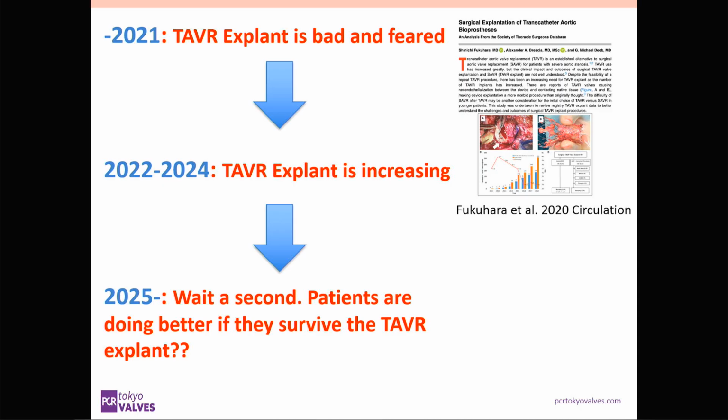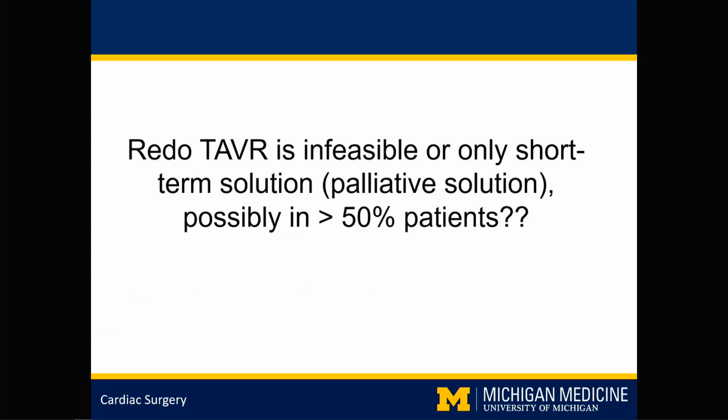Before 2021, TAVR explant was so feared, bad. That was our perception. Now we are starting to understand TAVR explant is really increasing, and, wait a second, patients are probably doing better if they survive the TAVR explant procedure.